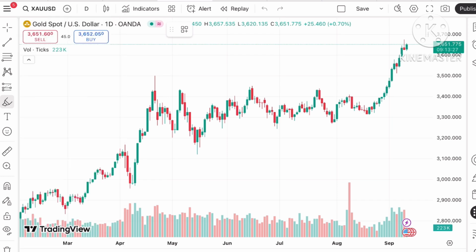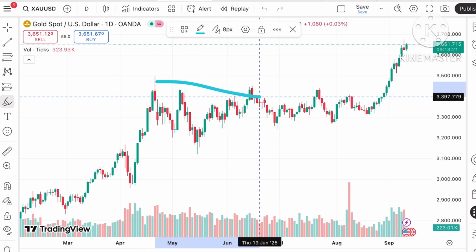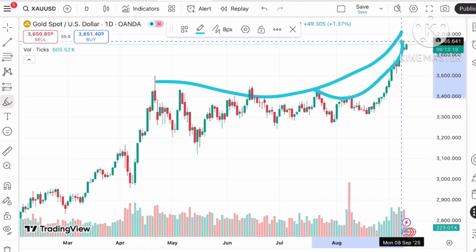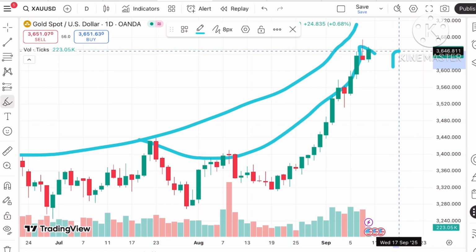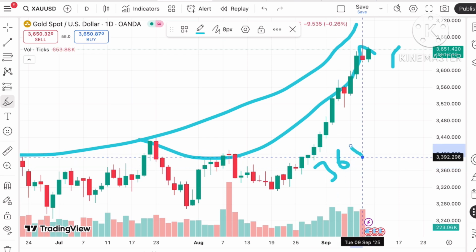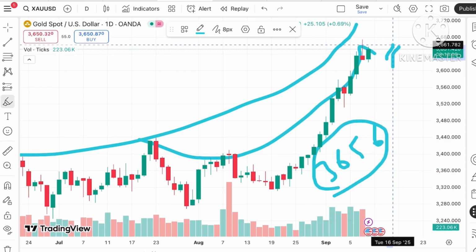Now see, this particular pattern is supporting this bigger trend, as well as this smaller trend, and a clear U pattern is forming. So if it keeps moving above this particular level, it can touch today's high of around $3656. And if the price keeps moving above this level, the probability is high that it can touch a level of 3675.